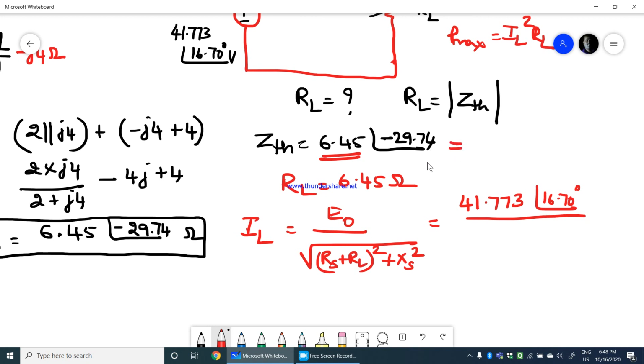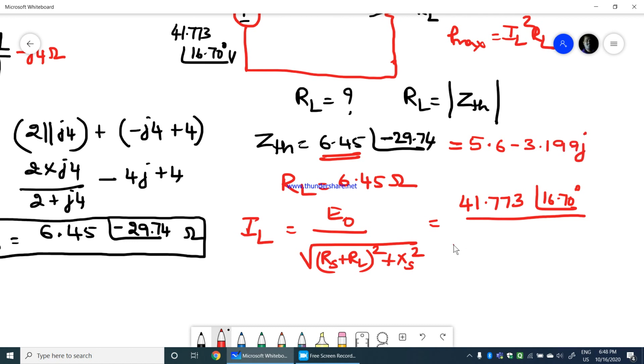You convert this into rectangular form, shift rectangular of 6.45 comma minus 29.74, which is nothing but 5.6 minus 3.199 J. This is what you got.